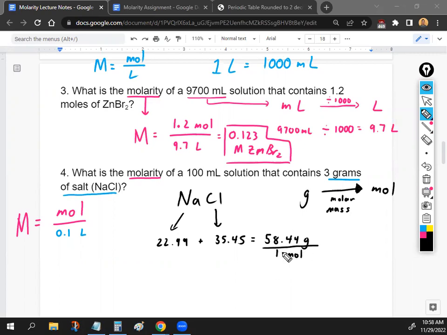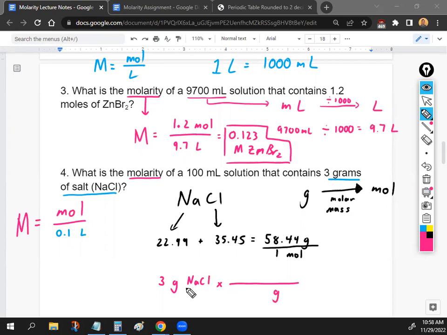So now that we have molar mass, we can use this to turn 3 grams into moles. Okay. So we're going to set up a fraction. So we're going to write 3 grams of NaCl. Same thing that we've been doing. We want to get rid of grams, right? So if I want to get rid of grams, where should I put it on the fraction? Top or bottom? Yeah, bottom.